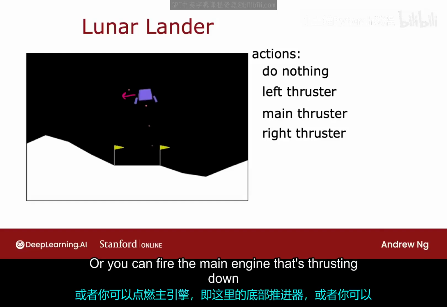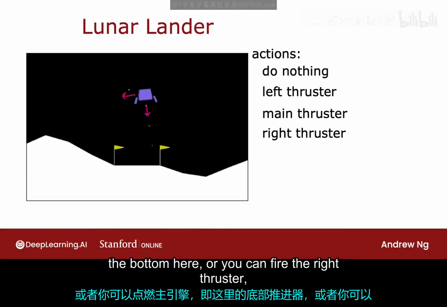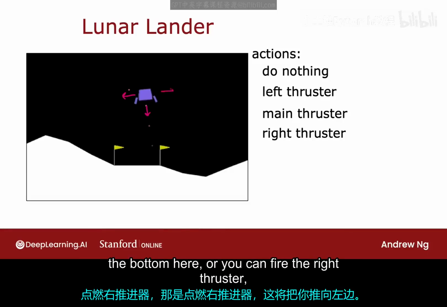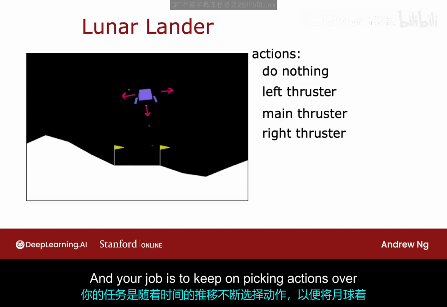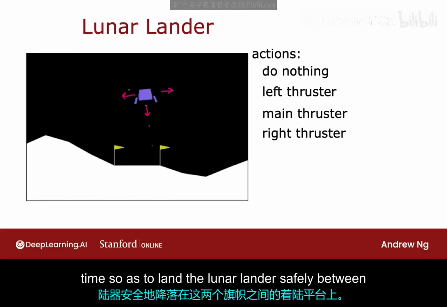Or you can fire the main engine that's thrusting down the bottom here, or you can fire the right thruster, which will push you to the left. And your job is to keep on picking actions over time so as to land the lunar lander safely between these 2 flags here on the landing pad.